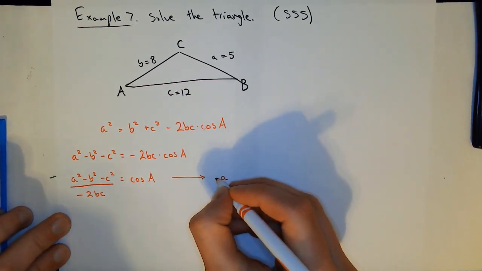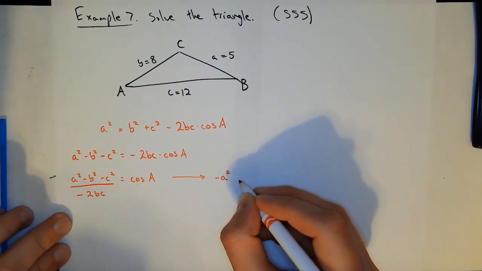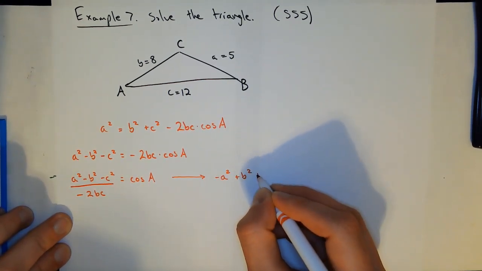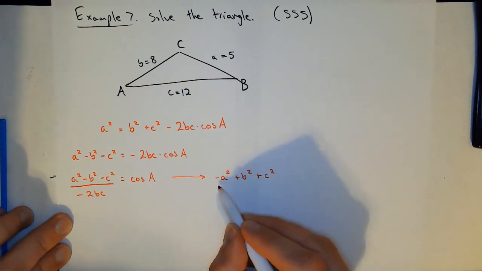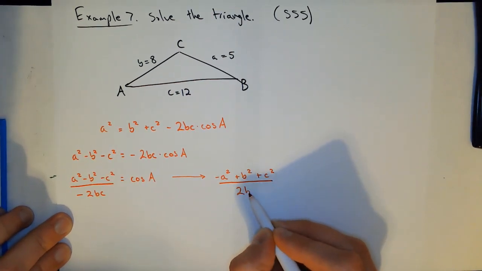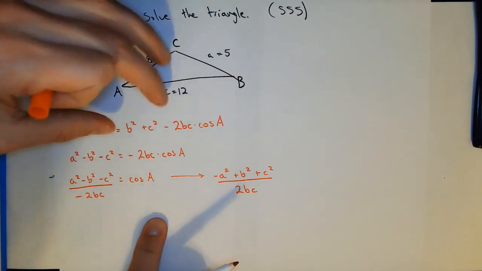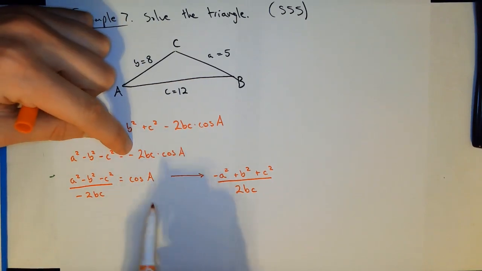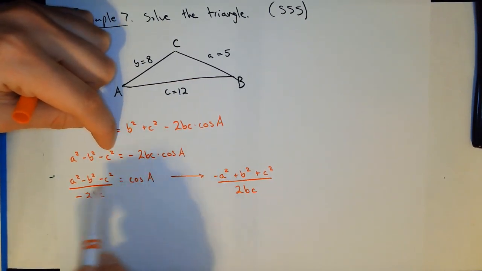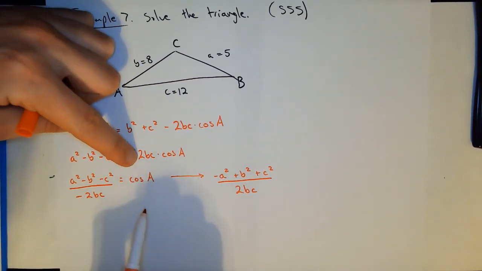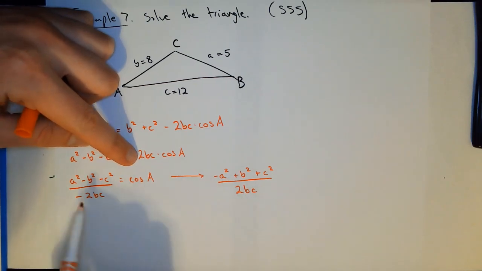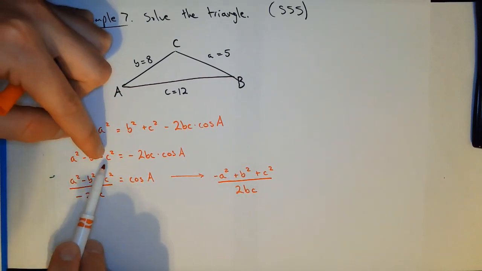So I'm going to have negative of a squared plus b squared plus c squared all over 2bc. Think of it, maybe an easier way, as me dividing by just negative 1, which effectively would get rid of this negative on the 2bc and also flip all of these signs.